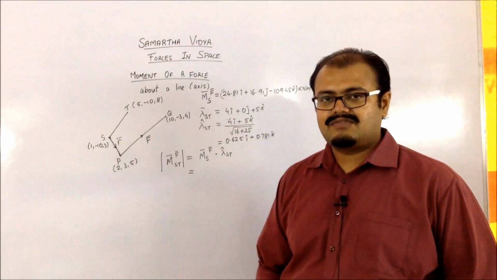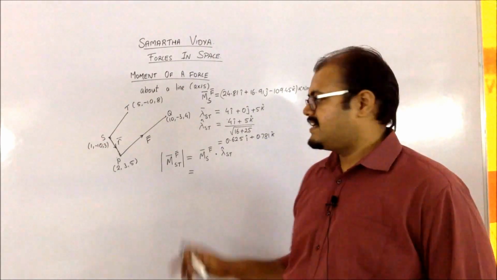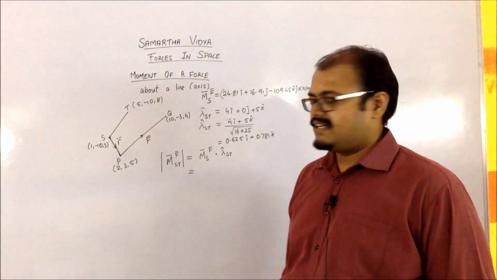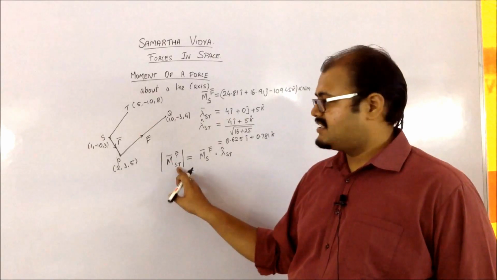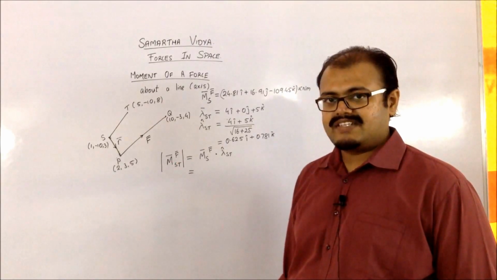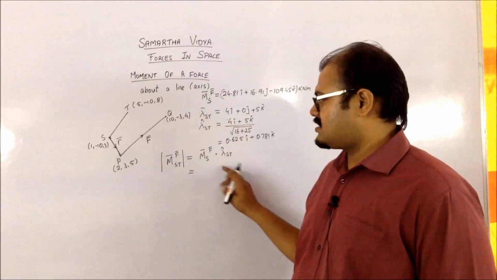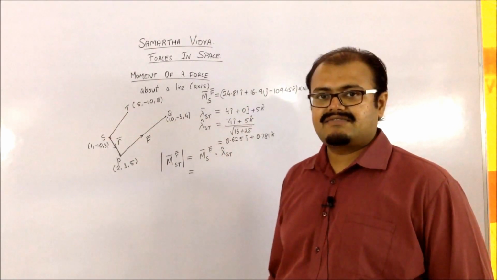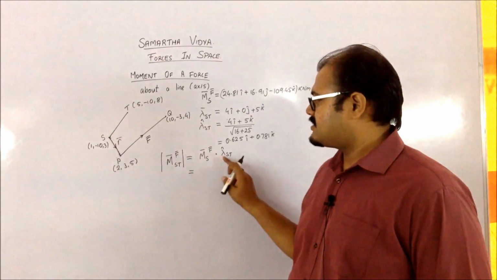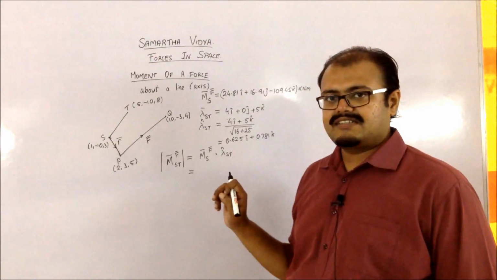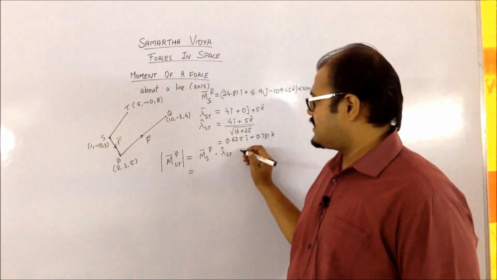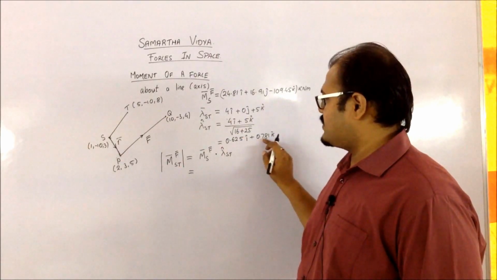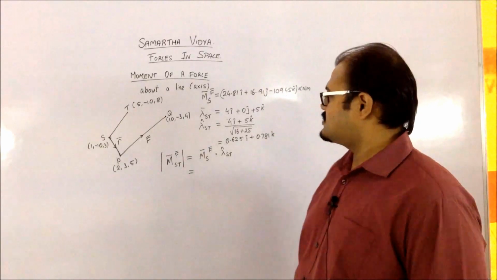After this, you need to find the magnitude of your moment about the axis ST for the force F bar, which is the dot product of the moment of the force about the point S for the F bar with the unit vector for your ST. So it's 0.625 into the i term and 0.781 into the k term.